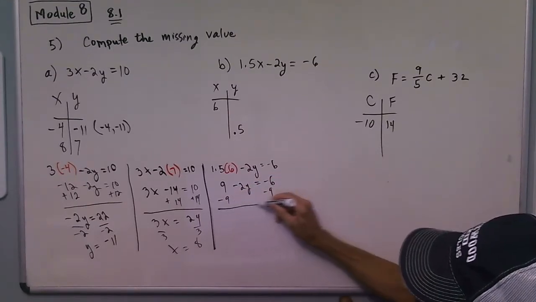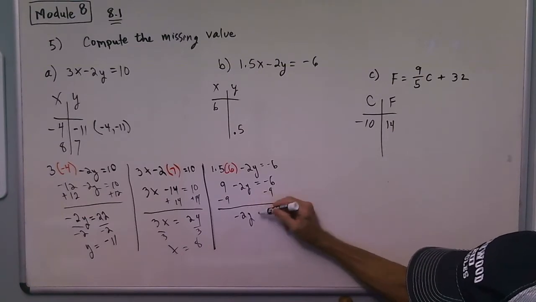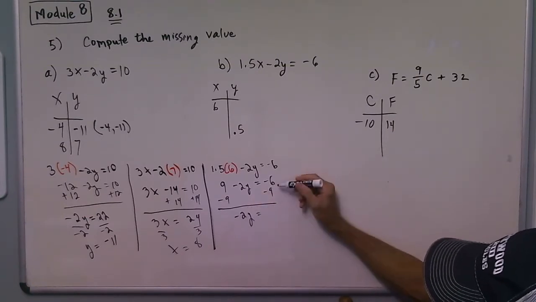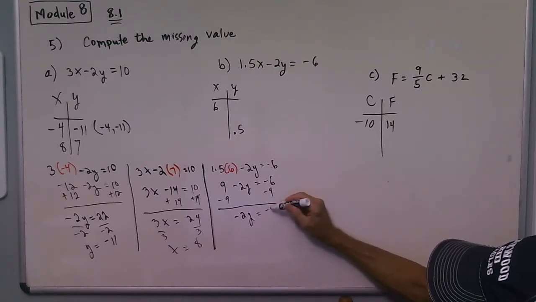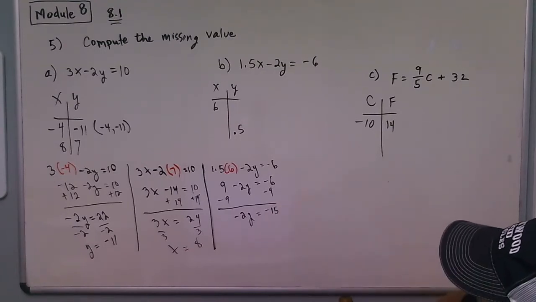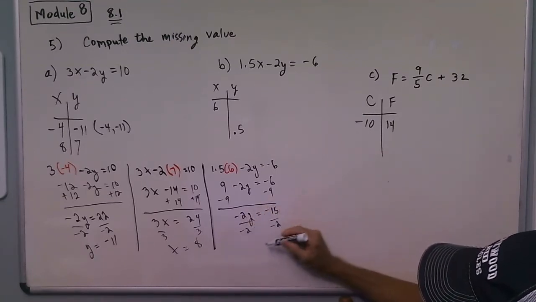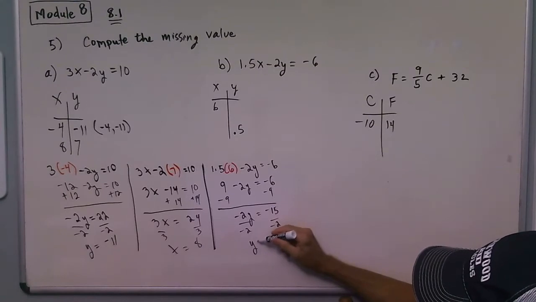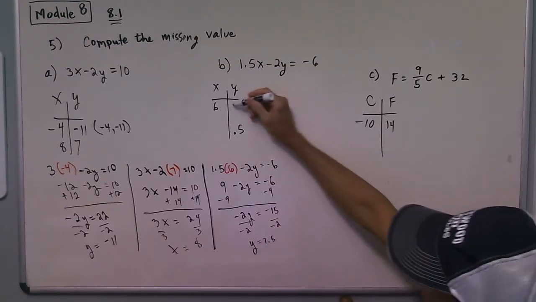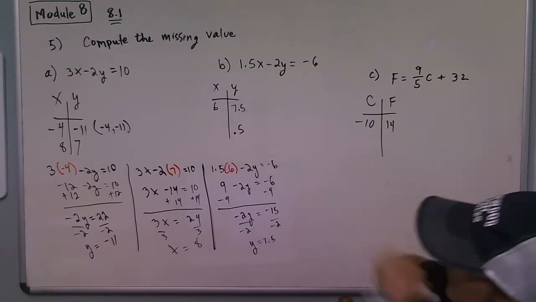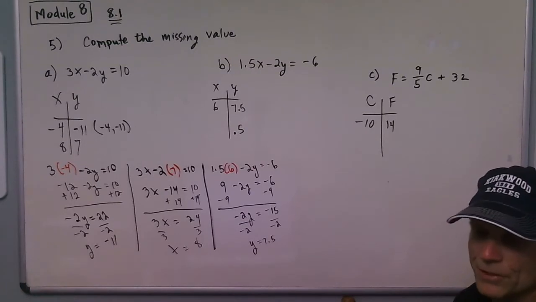I like to draw a line here to show that I'm totaling. I get -2y equals -15. Okay. And divide by -2, I get 7.5. And you could leave it as a mixed number also, 15/2.